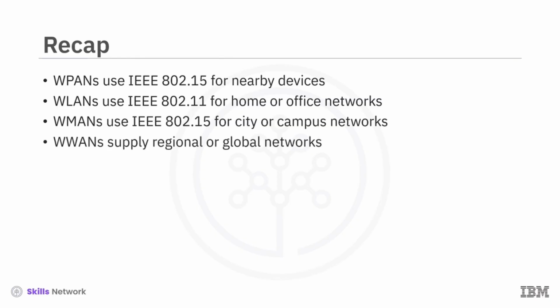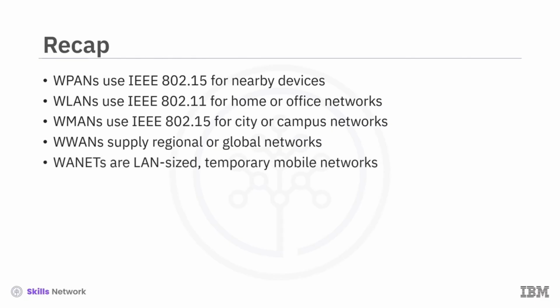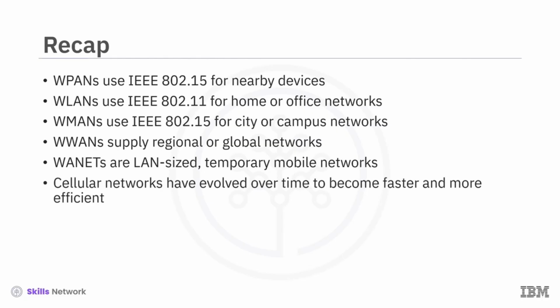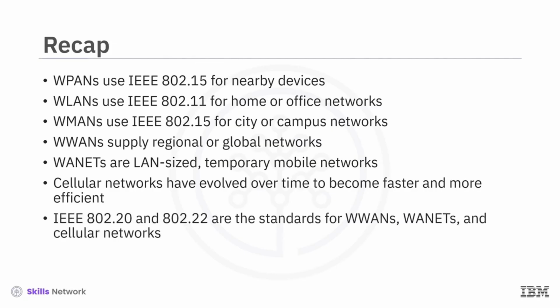WWANs supply regional or global networks. WANETs are LAN-sized temporary mobile networks. Cellular networks have evolved over time to become faster and more efficient. And IEEE 802.20 and 802.22 are the standards for WWANs, WANETs, and cellular networks.